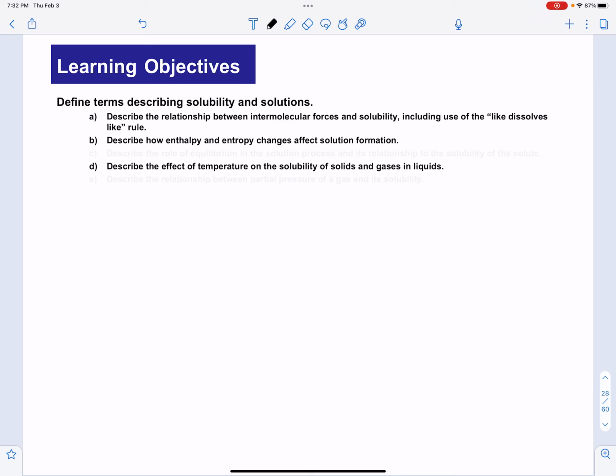So at this point, we can say that we have finished 3 of our first objectives. We understand how the intermolecular forces affect solubility. Remember, attraction between solute-solute versus attraction between solute-solvent, right? And we saw that the polarity has a big effect on that, because when the intermolecular forces are similar, they will tend to come together.